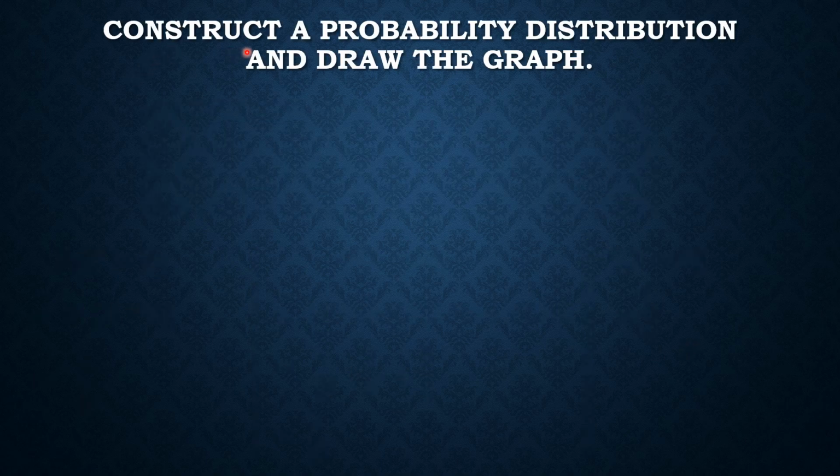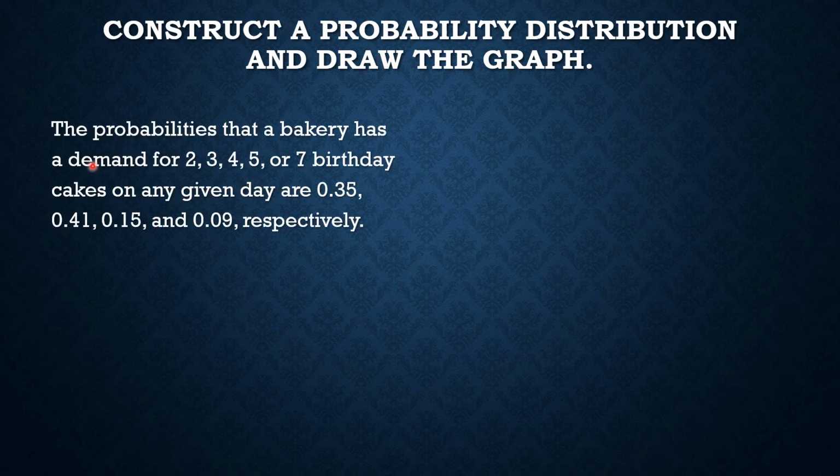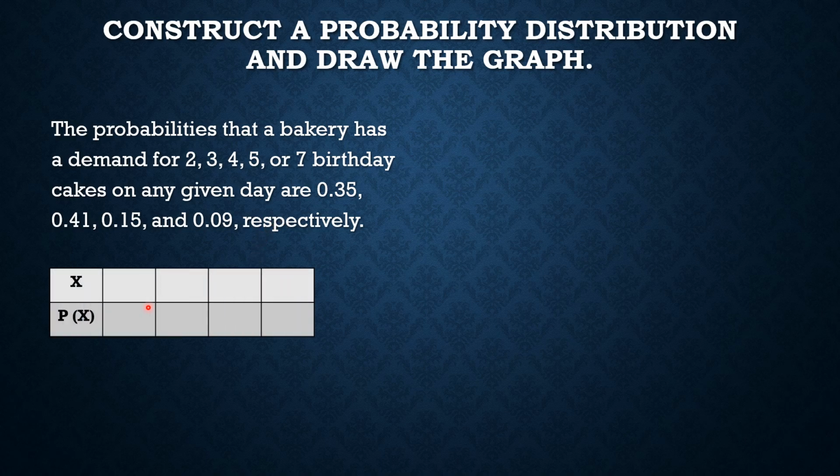Another example, let's construct a probability distribution and draw the graph. Let's say the probabilities that a bakery has a demand for 2, 3, 5, or 7 birthday cakes on any given day are 0.35, 0.41, 0.15, and 0.09 respectively. So let's construct a table.